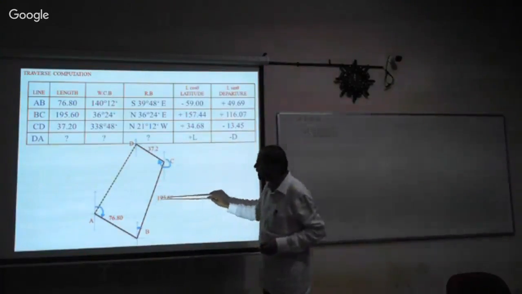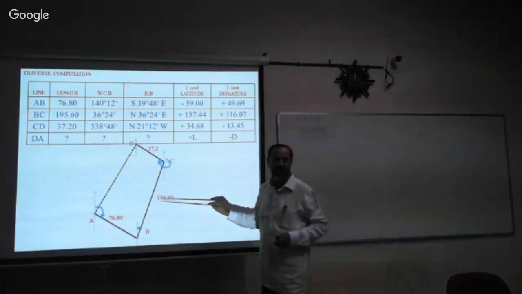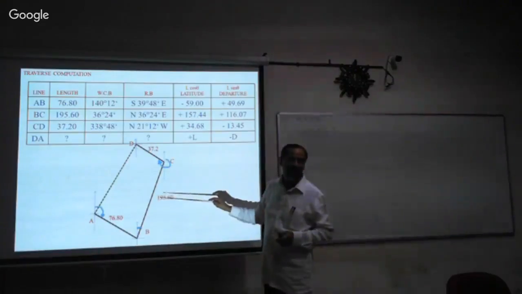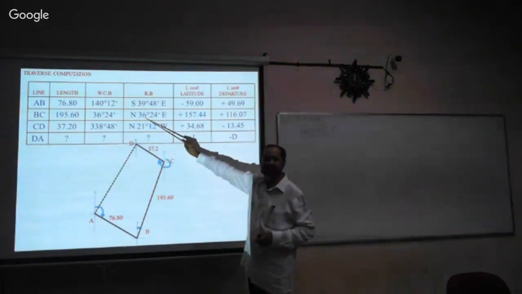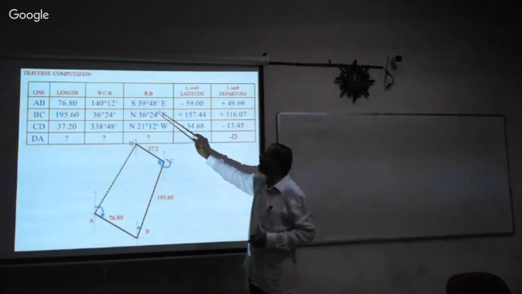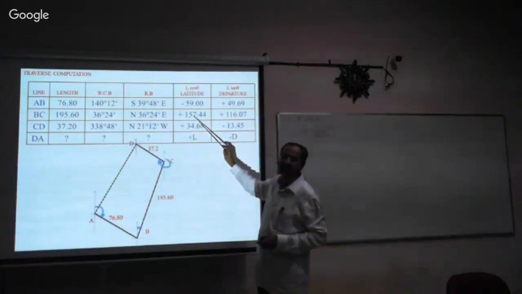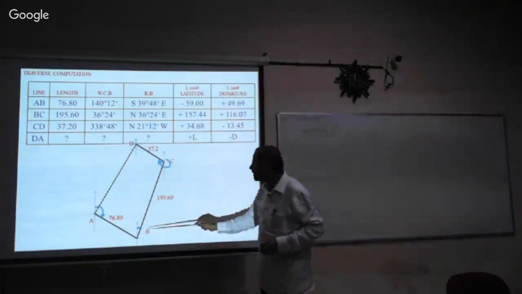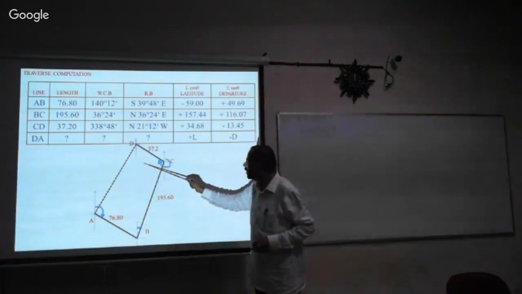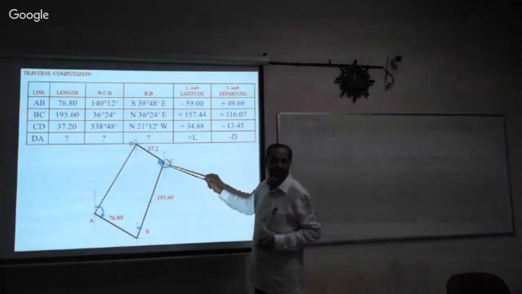L is the length of the survey line, 195.6, multiplied by cos 36 degrees, 24 minutes. That will give you 127.44.